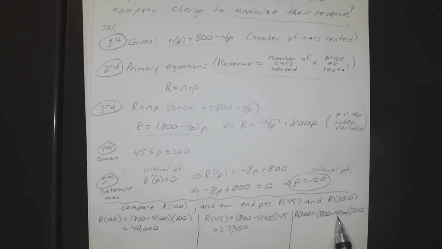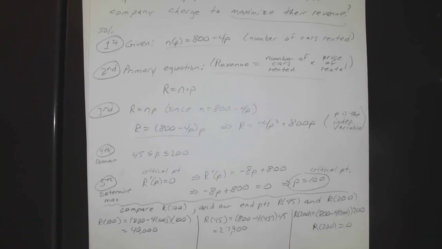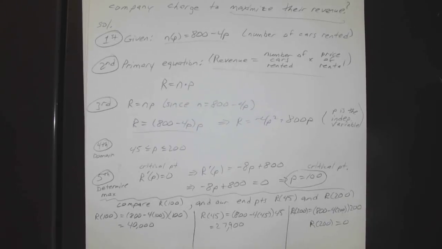And that actually gives you 800 minus 800, which is 0, times 200. So if you charge 200, you actually break even. You get a few people that'll buy it, but not enough to turn a profit.